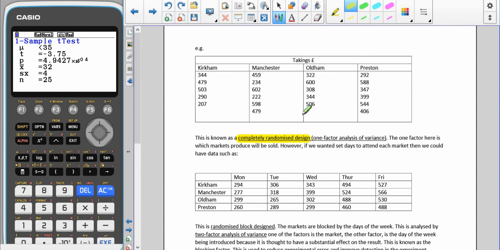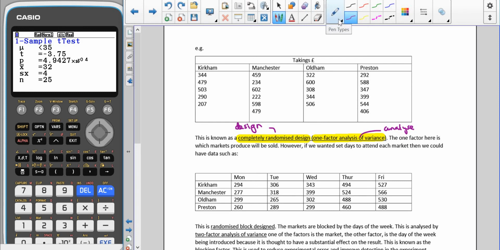And the way that we would analyse it would be using a one-factor analysis of variance. So this is the design, and we would analyse it using a one-factor analysis of variance.